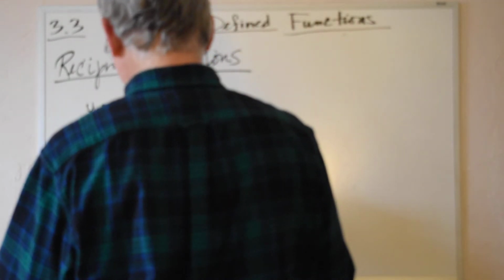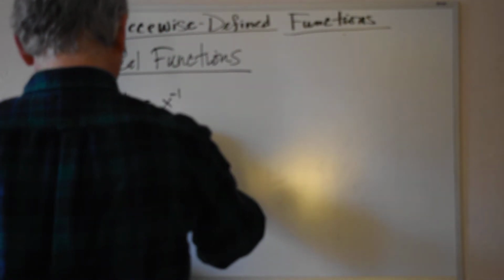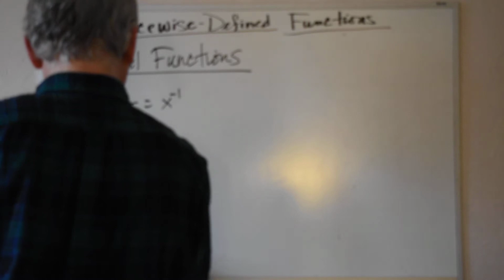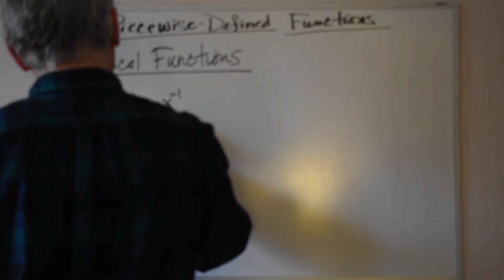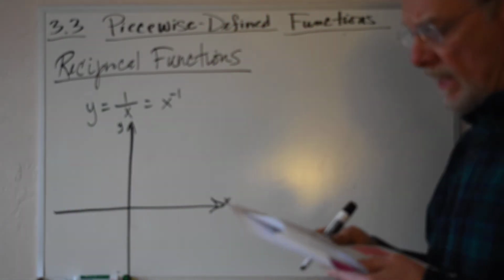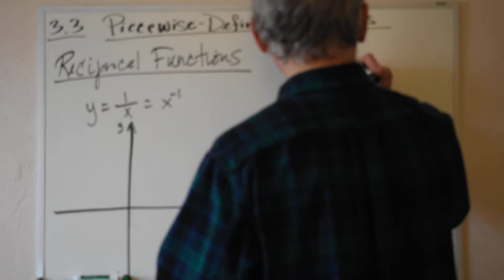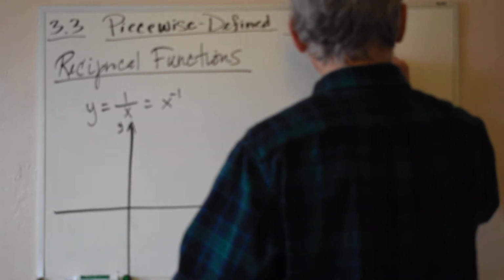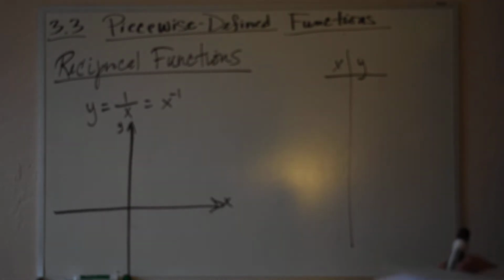Now, how would we graph this thing? If you recall what we did one time, a couple weeks back, we plotted a lot of points till we saw the pattern.